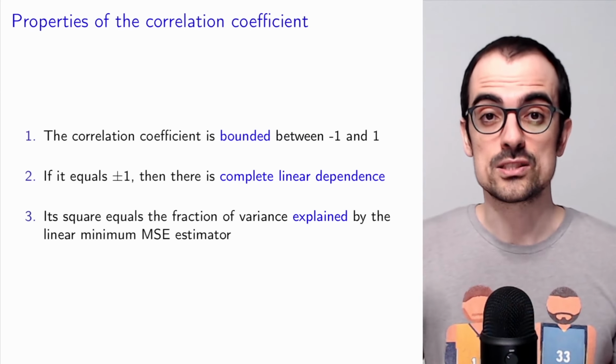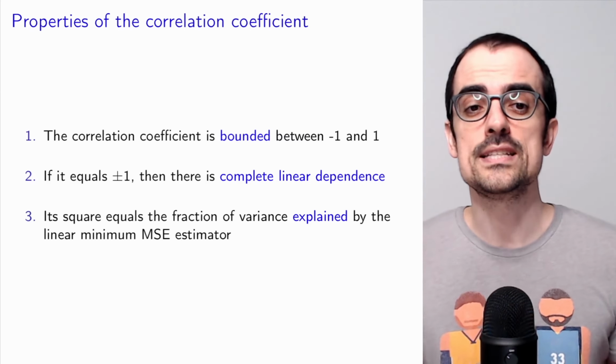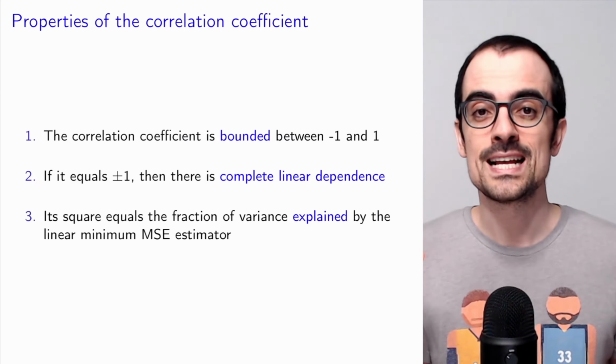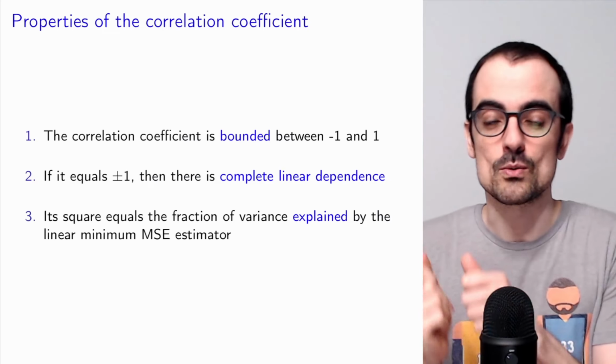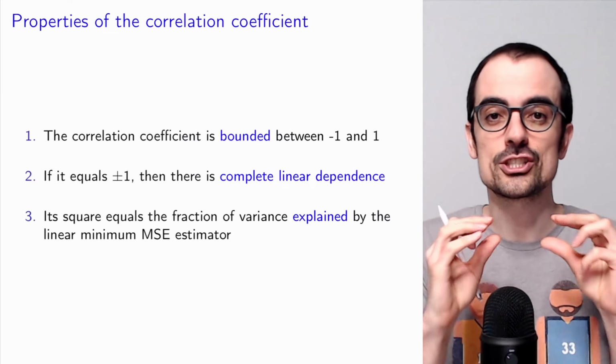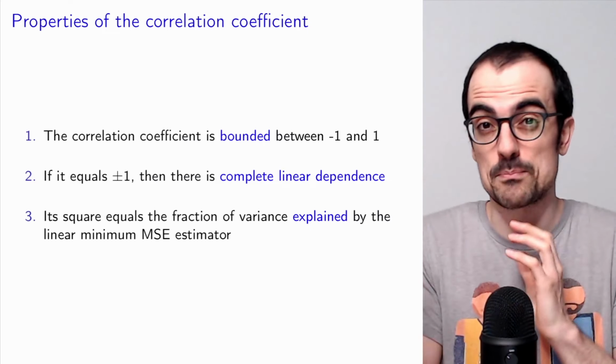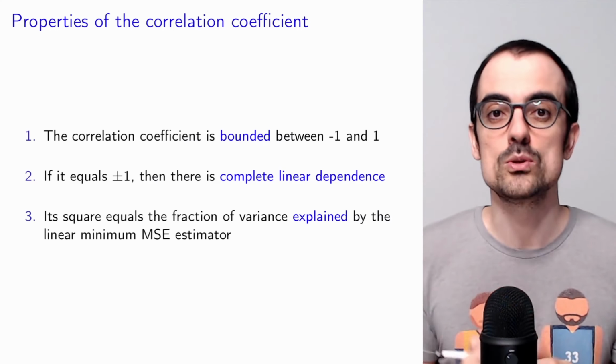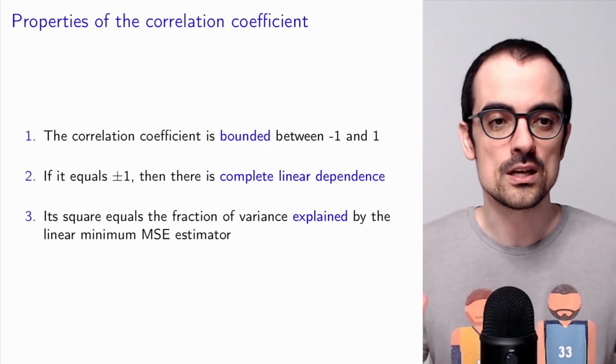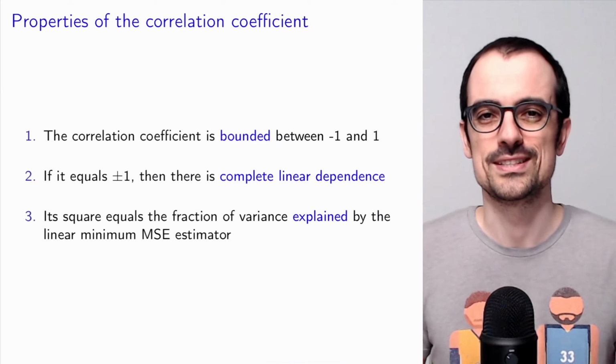Third, the square of the correlation coefficient is equal to the fraction of variance that can be explained linearly. When we have a linear estimate of a quantity given the other, the fraction of variance, which is a proxy for the information contained in the estimate, is exactly equal to the square of the correlation coefficient. In this video, we're going to prove these three properties.